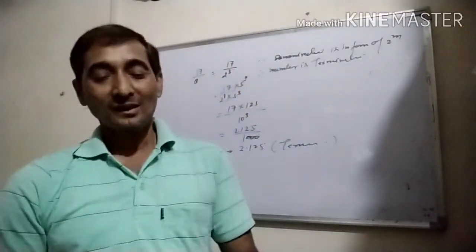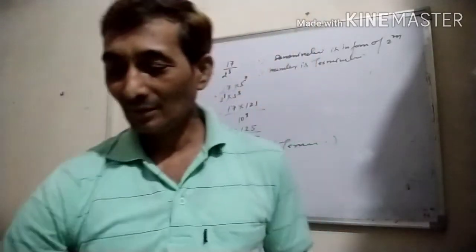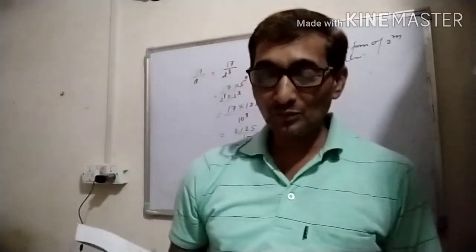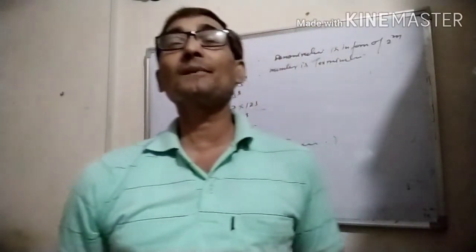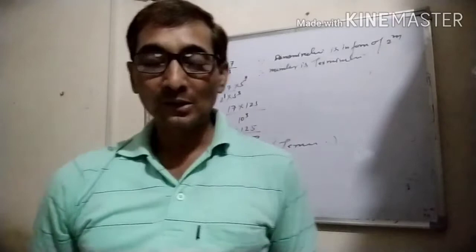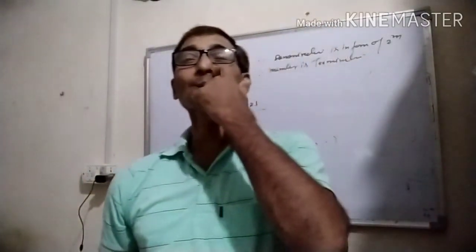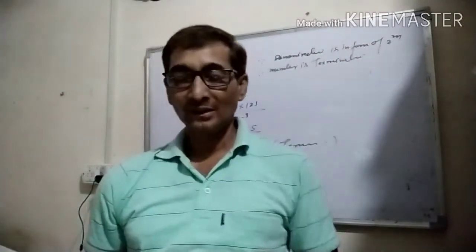Okay. Now the third question is: 3 numbers are given and you have to check which number can be converted into the form of P upon Q. First is terminating, therefore it can be converted to P upon Q, it is rational.